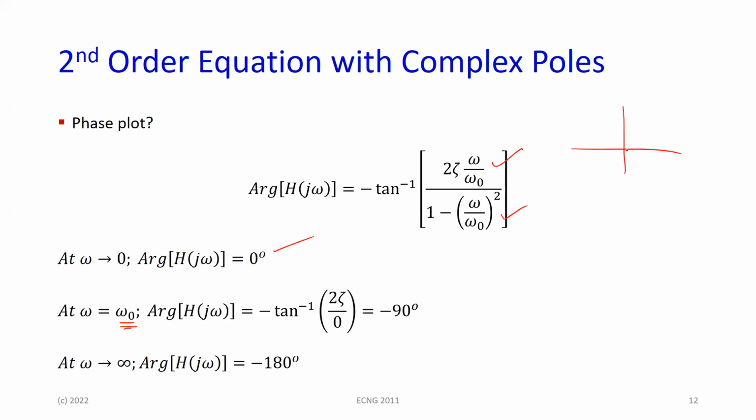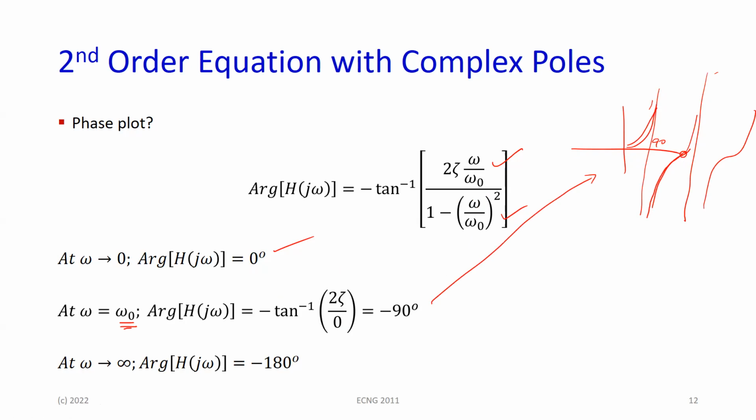Remember the tan curve has these funny asymptotes of its own. So up to minus 90 here, then as you keep increasing omega, the inverse tan comes back here. And finally, when you reach a very large number, you're back here at 180 again.